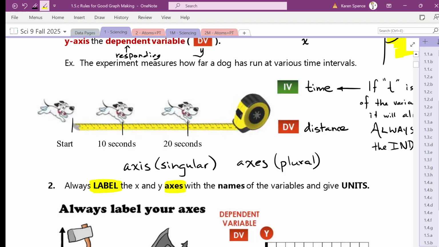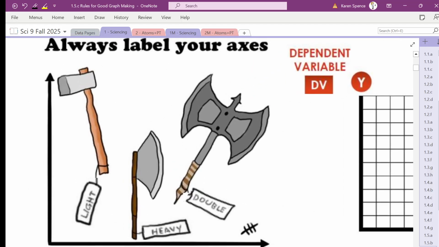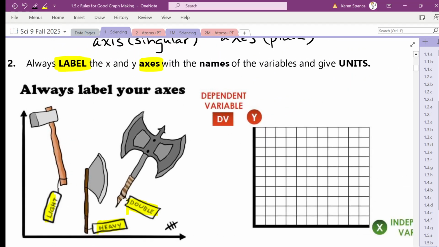Label your axes. But I found this little joke online, a little meme about labeling your axes. We have a light axe, we have a heavy axe, we have a double axe. Thank you for faking a laugh. A+ for you, my dear. Remember, when your teacher tells a joke, always fake a laugh.